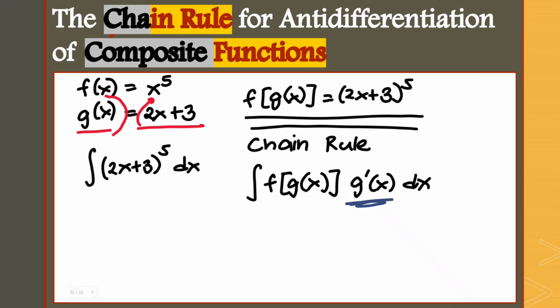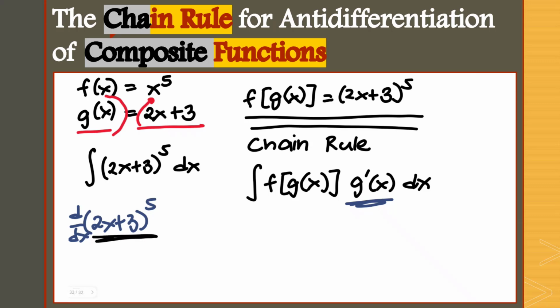This is actually in relation to the idea on the chain rule of differentiation. Take note, we have the chain rule for derivatives, right? Let's not forget that if we have a function 2x plus 3 raised to the power of 5 and you are going to solve for its derivative, you're going to treat first the entire function as one.